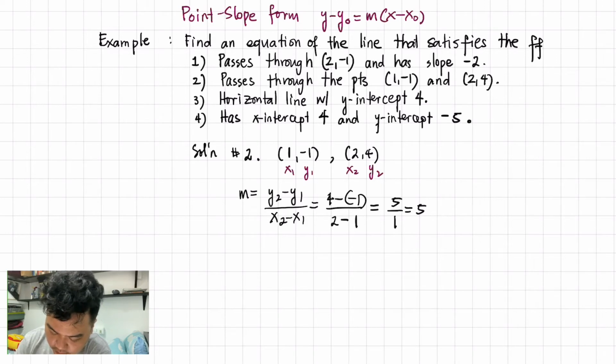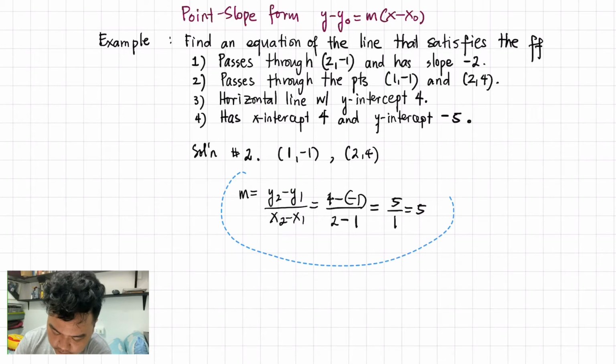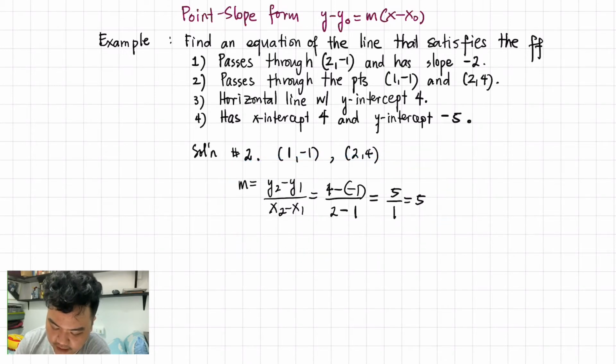So the slope is 5. And we pick a point, regardless of this point or this point. Let's pick the first one. Let's say this is (x naught, y naught).